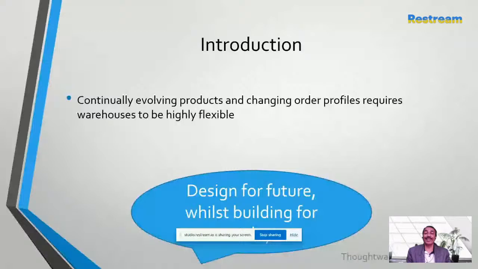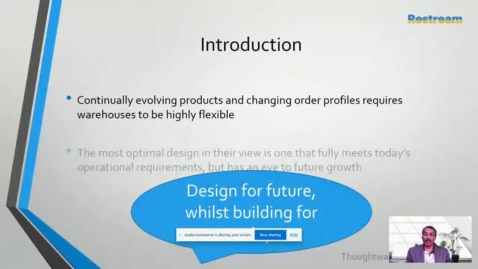But you have to take care that this design is flexible enough to accommodate any changes in the product or changing demand, so that maybe sometime fast moving may become slow moving and slow moving may become fast moving. That's the reason why the warehouse design has to be totally flexible.